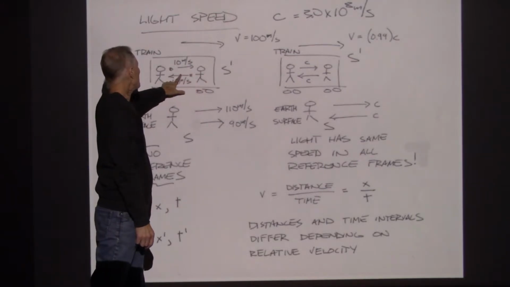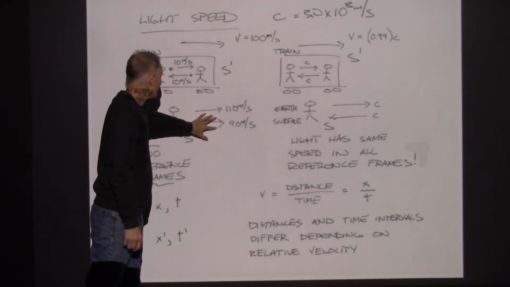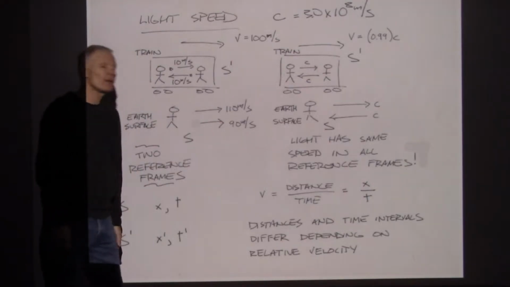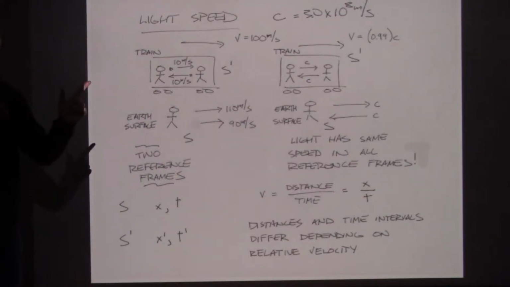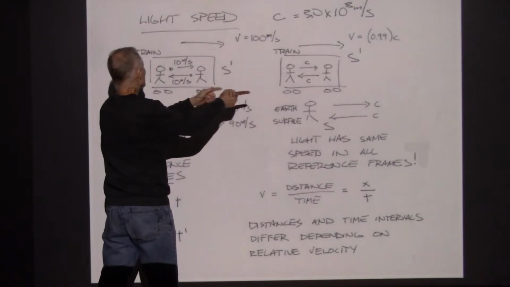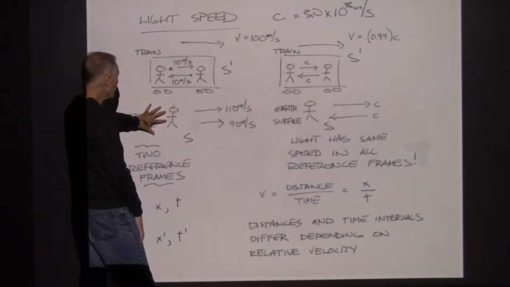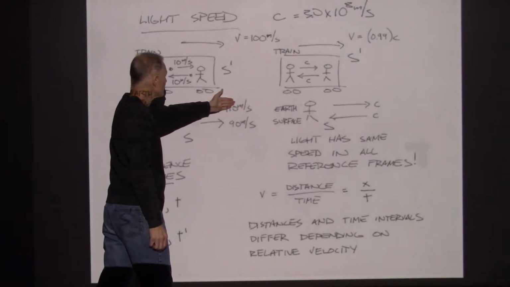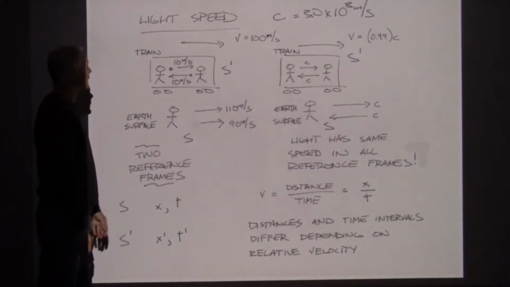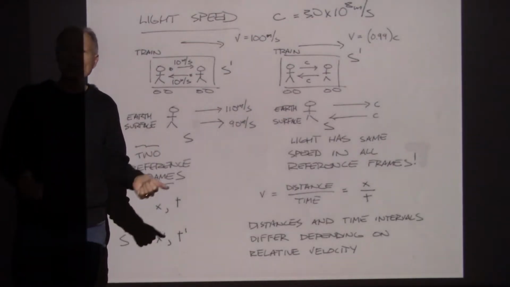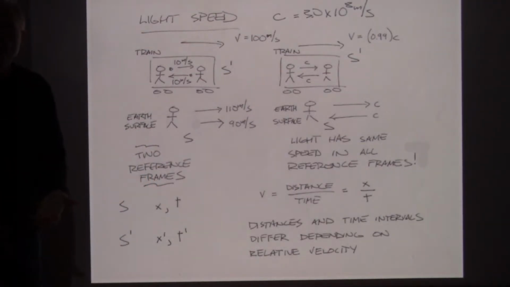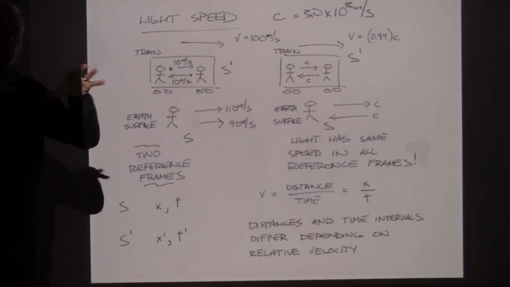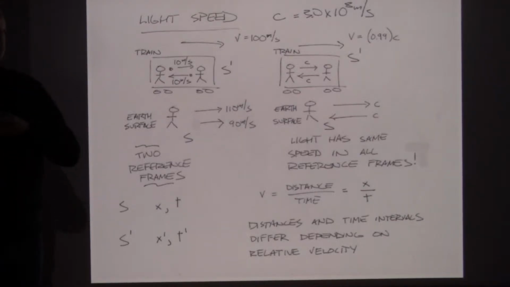The ball's being thrown back, but the combined velocity forward would be 90 meters per second. So whether on the train the ball is being thrown this direction or that, in the Earth reference frame, the ball is going forward, first at 110 meters per second, and then at 90 meters per second. Now that comes from just adding velocities, and that's what we do in standard classical physics, where components of space are separate from components of time.